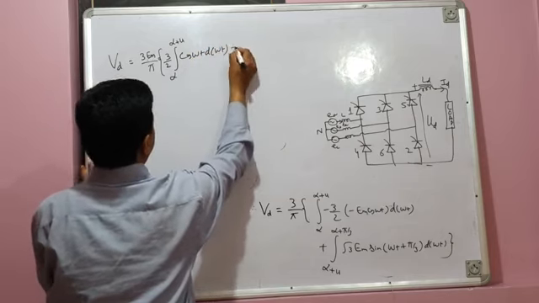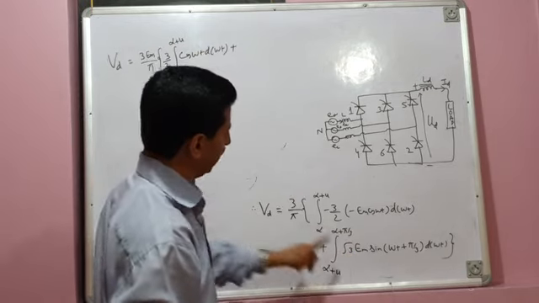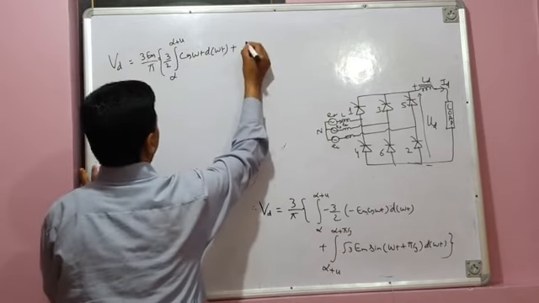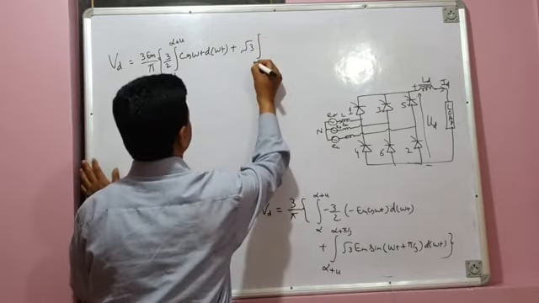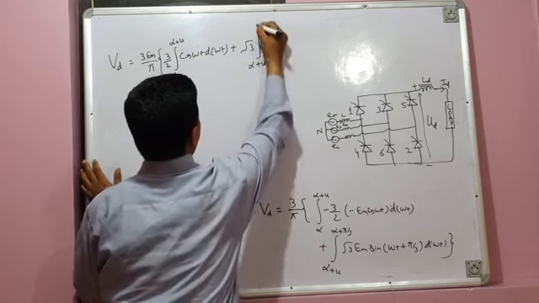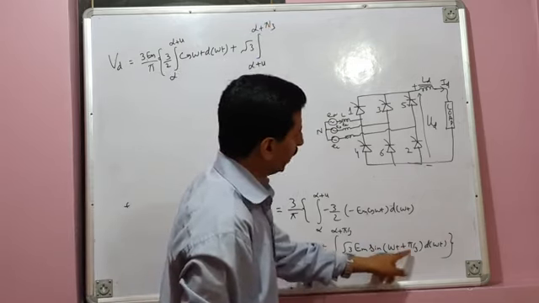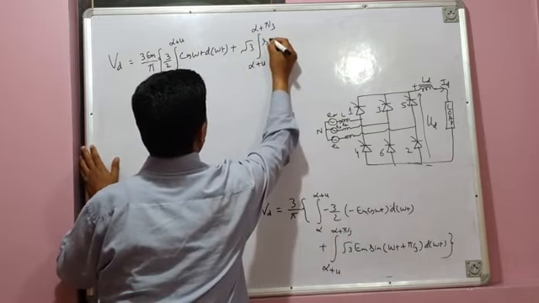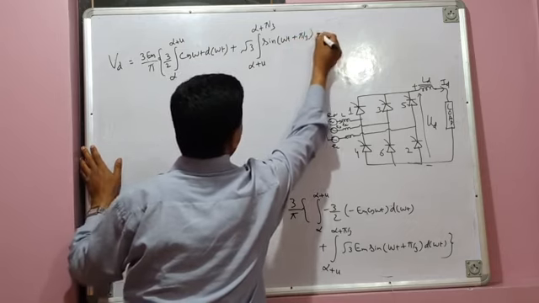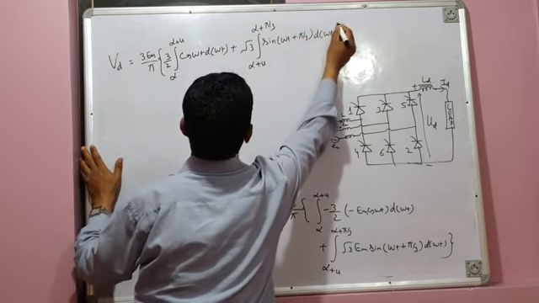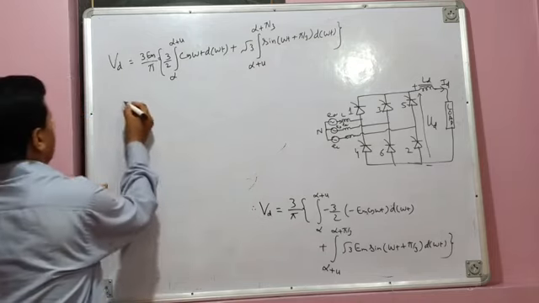This is the first integral. Plus my second integral, Em is already taken out. Root 3 I will take out from the second integral, and integration is from alpha plus u to alpha plus pi by 3 of sine of omega t plus pi by 3 d omega t.